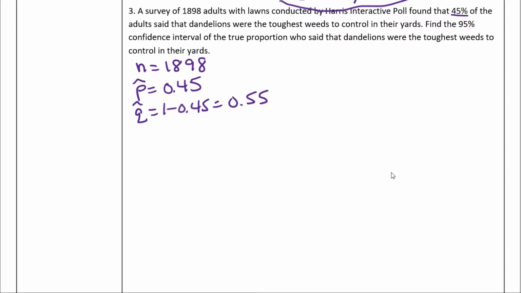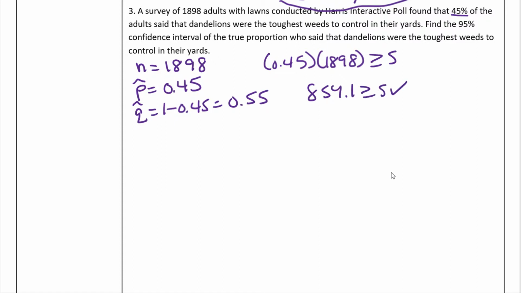So if you were to test whether p hat times n is greater than or equal to 5, then this is definitely going to be greater than or equal to 5, because this is 854.1. All right. And if you were to do it the other way, it would also check out, greater than or equal to 5.